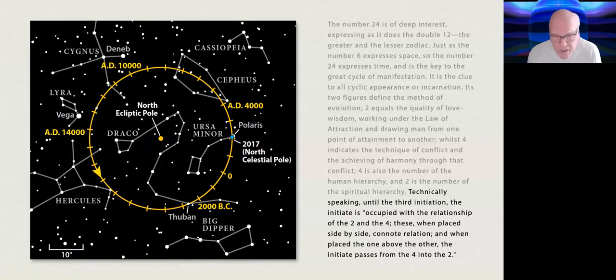But at the third initiation, and even more so at the fourth, the relational goals conceived and realized by striving towards harmony give way under the synthetic influence of the monad to new goals described in terms of identification. In this way, evolutionary movement spirals upward to the second or monadic plane.